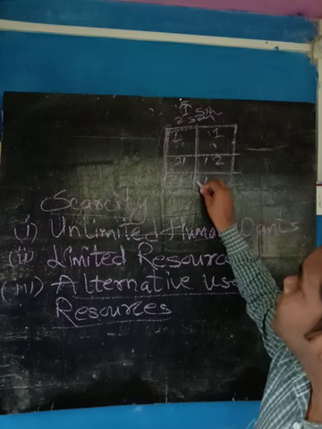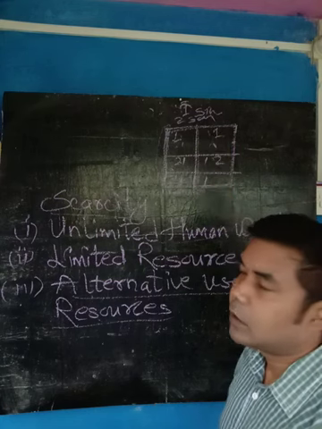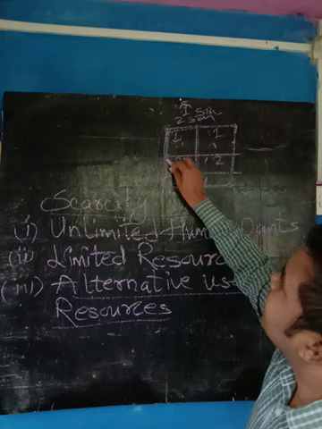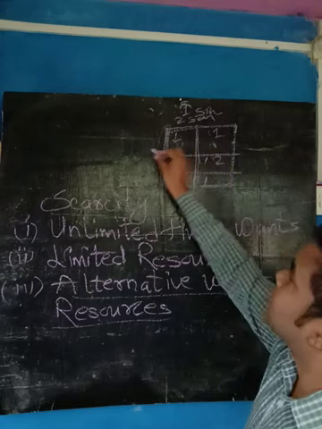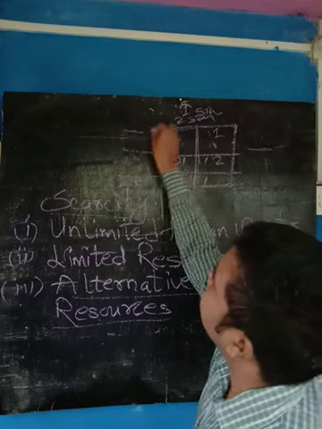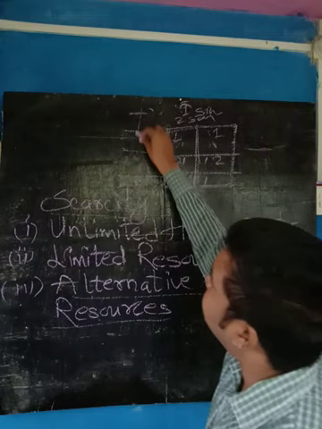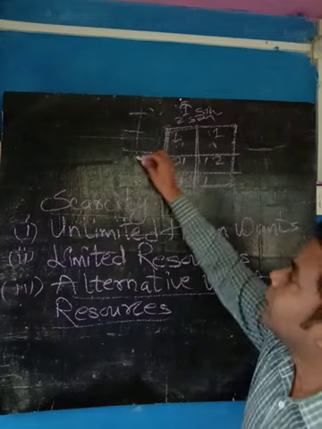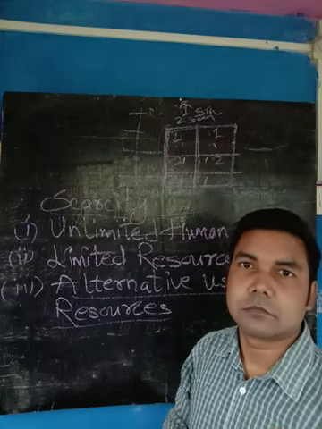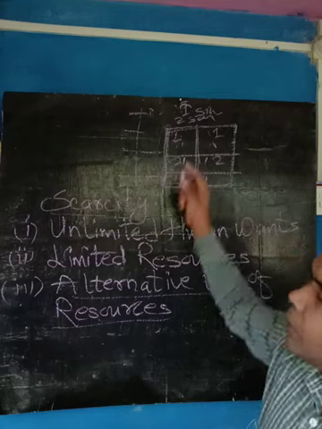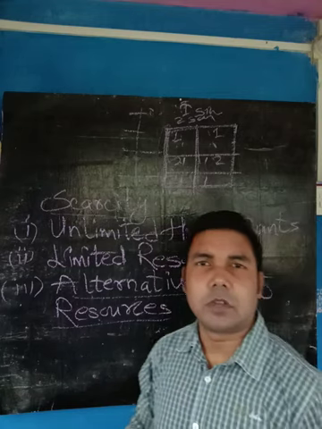How can the problem be solved? Alternative use. If in the same land the building is constructed and storage is made, first storey, second, third, fourth, means if this part is divided among different sons and all, then the problem will be solved.